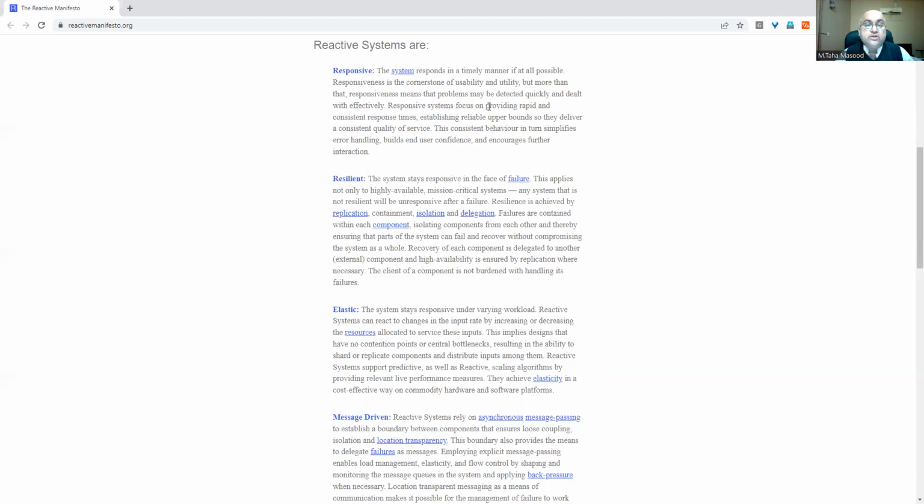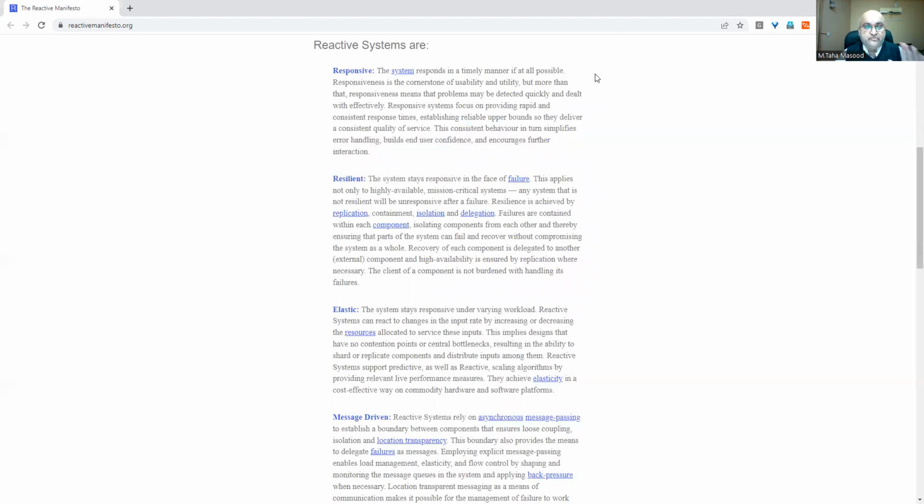Responsive systems focus on providing rapid and consistent response times. Right? Establishing reliable upper bounds, this is important. So they deliver a consistent quality of service. This consistent behavior in turn simplifies error handling, builds end user confidence, and encourages further interaction.